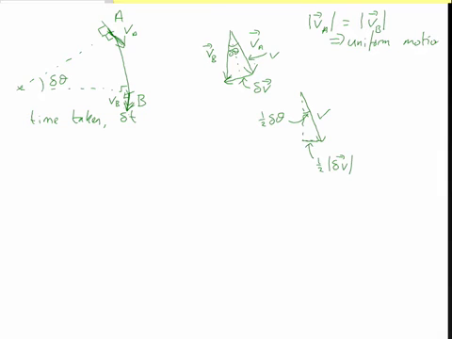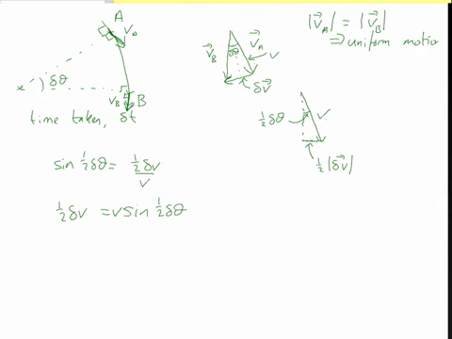The sine of this angle is equal to the opposite side, which is a half delta V, and I'll write it without the arrow, so that's shorthand for meaning magnitude, divided by the hypotenuse, which is V. So a half delta V is equal to V sine a half delta theta.